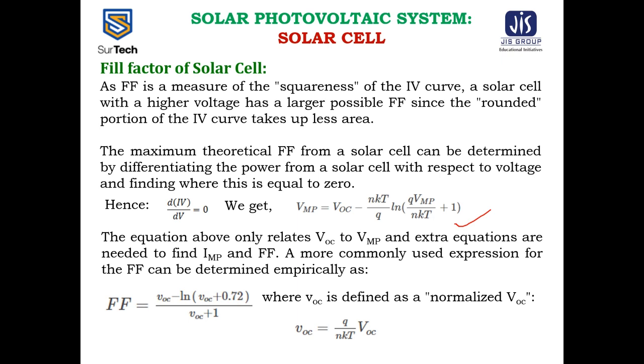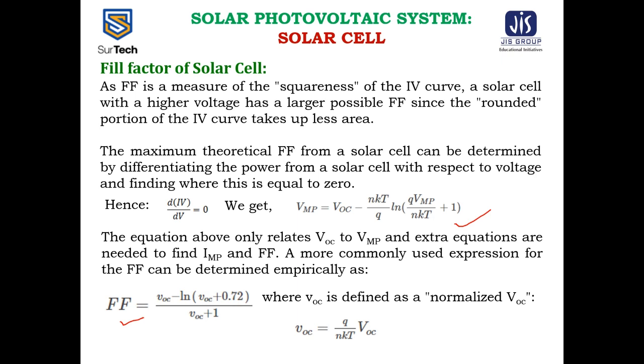The equation above only relates the VOC to the VMP, and extra equations are needed to find the IMP and the fill factor. A more commonly used expression for the fill factor can be determined empirically. Small voc is defined as the normalized VOC, that is q by nkT into VOC, the open circuit voltage.